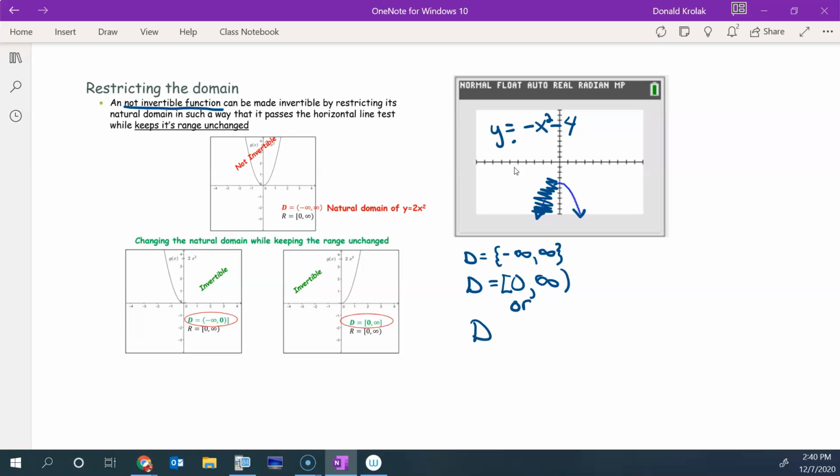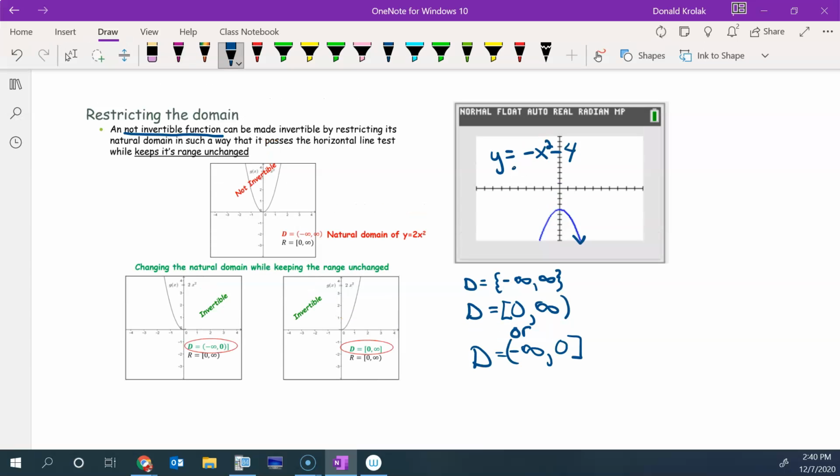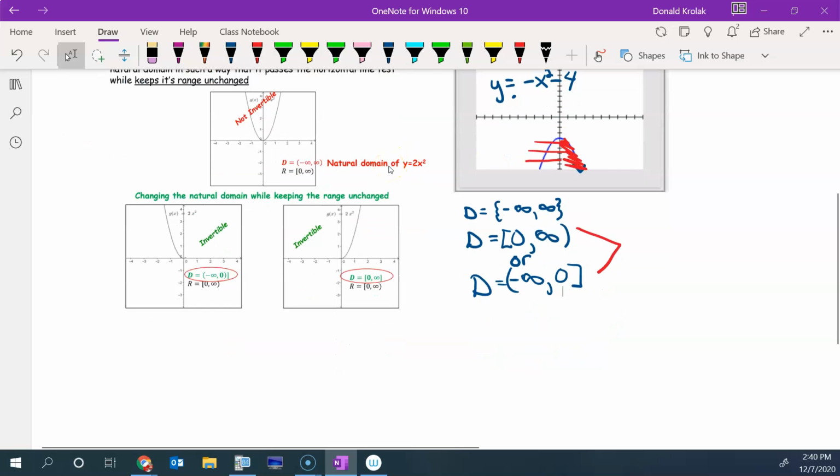Now, I could have said also, let's let the domain be from negative infinity to 0. And if we graph that, then the left half of the graph would show up, but the right half wouldn't. But now this part of the graph would pass the horizontal line test. So if I changed it to either one of those, the function would now have an inverse.